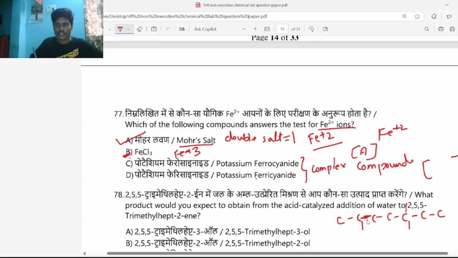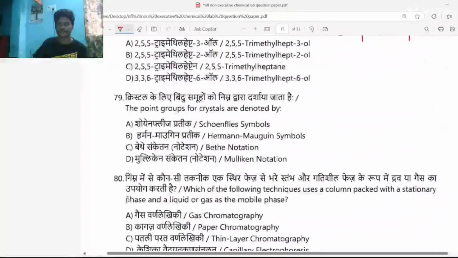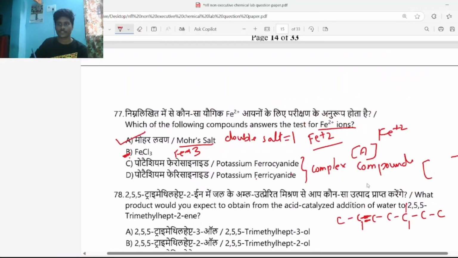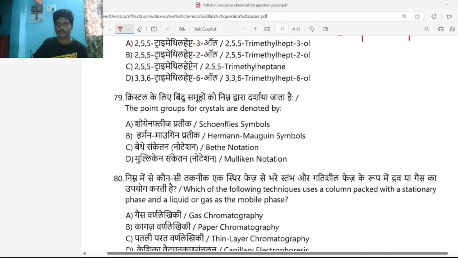Here, if you add acid catalyzed water, what are you going to get? When you add water, the stable carbocation is going to form.